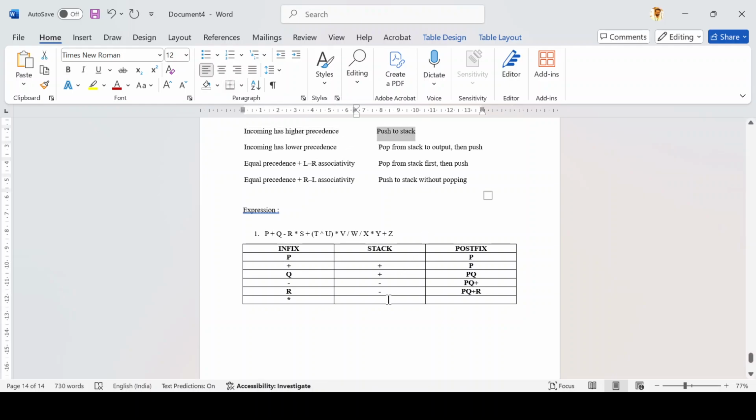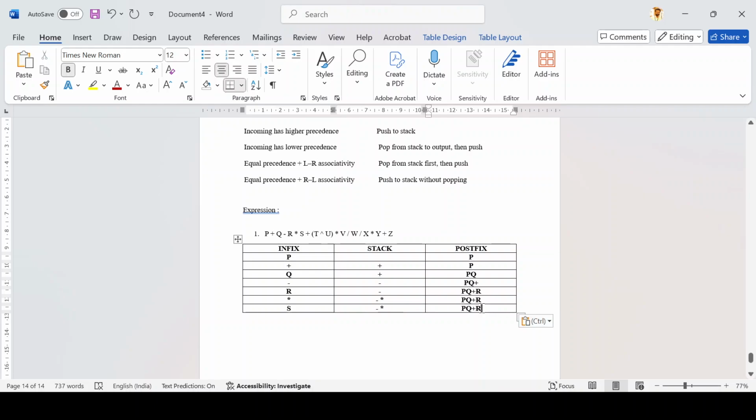Minus is already there, so into becomes the top of the stack. Now in the output side we have P Q plus R. Then we have S, and when we have an operand, straight away we can push it to the final expression.